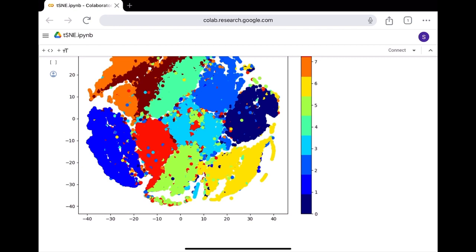There are many use cases of t-SNE, and one that I wanted to mention is that by applying t-SNE to movie transcripts, we can uncover the hidden thematic clusters or the interactions between the characters.